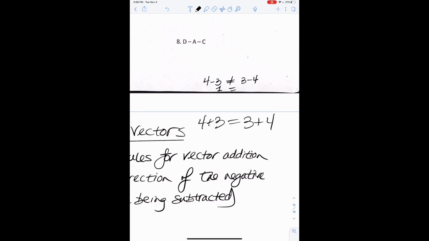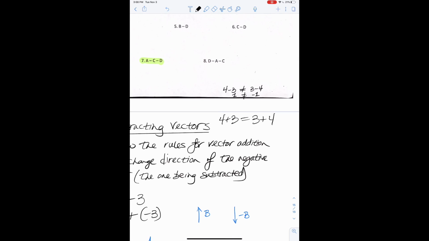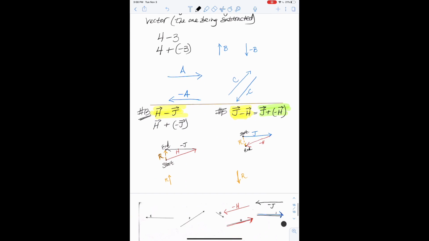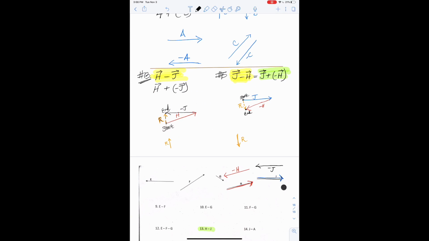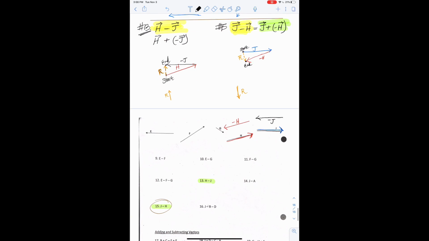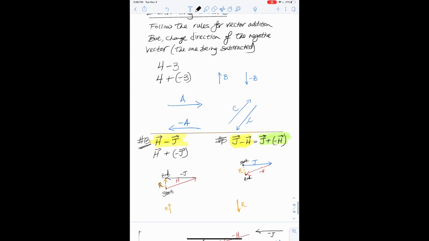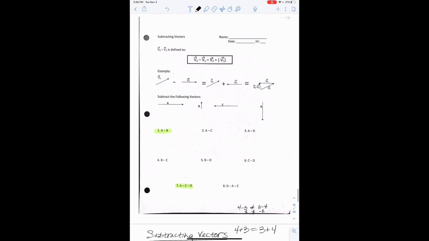What's 3 minus 4? Negative 1. So we see that it's very similar to subtracting numbers here, that h minus j is not the same as j minus h. Okay, I don't think there was anything else that I needed to do.